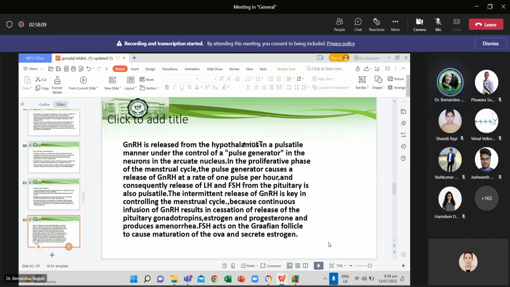The key term there is pulsatile: 1 pulse per hour, and intermittent. It is not constant. This is the key in controlling the menstrual cycle.